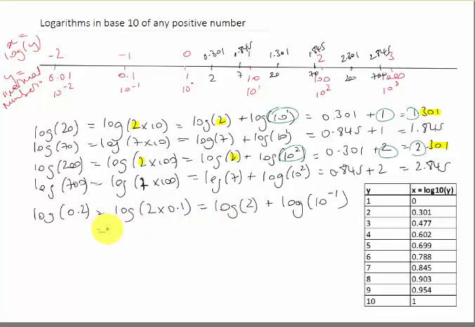So log of 2 is still 0.301. And 10 to the minus 1, so that's minus 1 for the logarithm of this part. So that is minus 0.699. So that goes here somewhere.